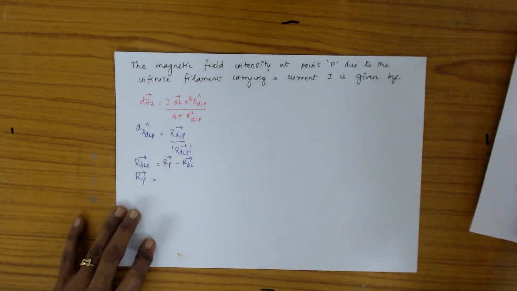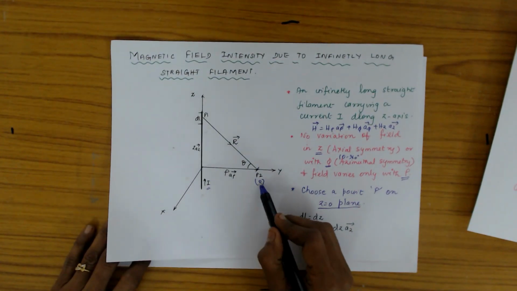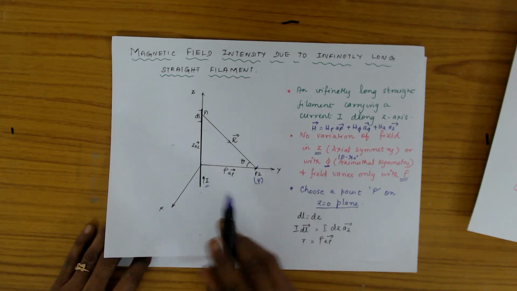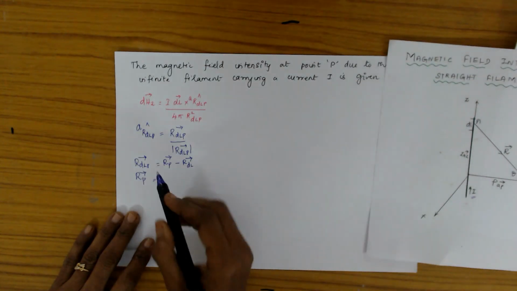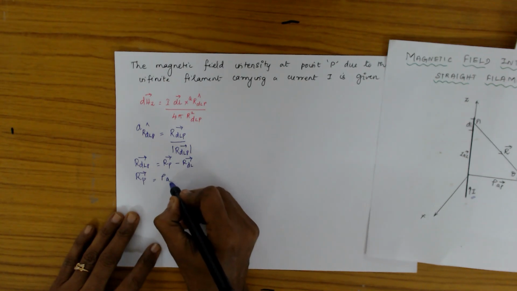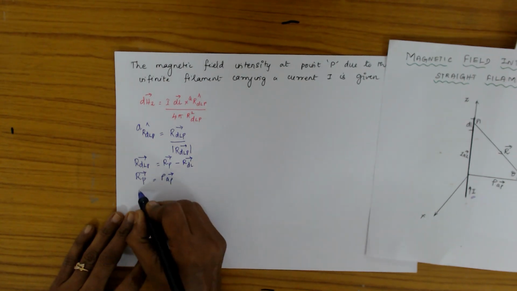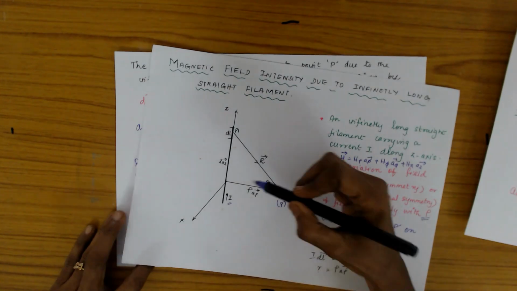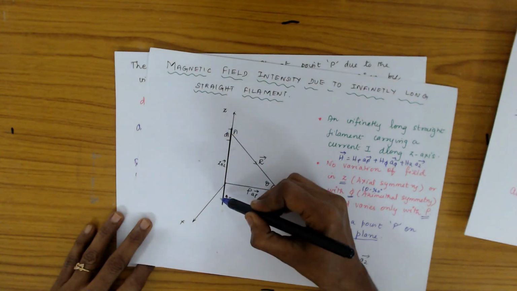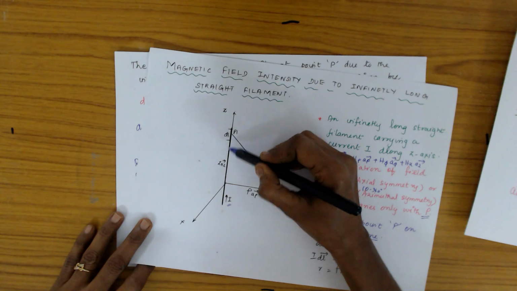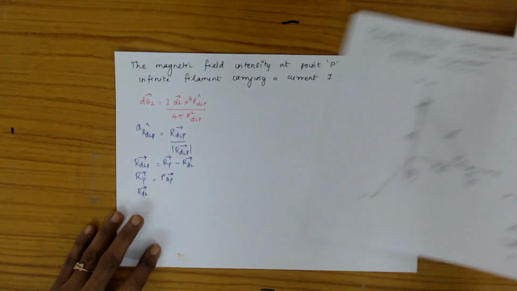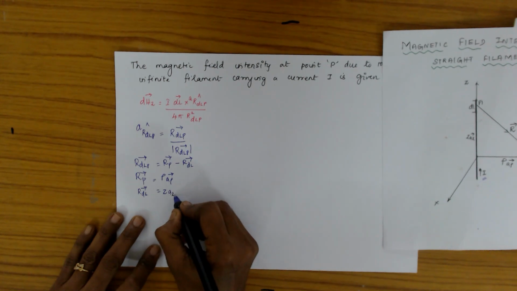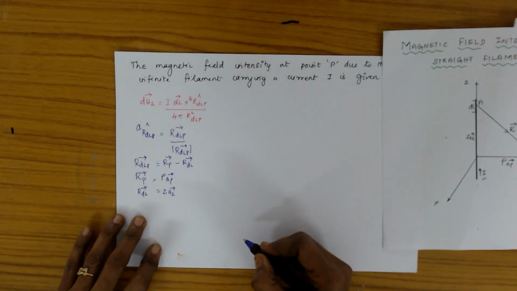And what is the position vector rp? We know that P is the distant point which is at a distance rho in the a rho direction. Hence, the position vector rp is defined as rho a rho. Now the position vector of the differential current element: we know that our differential current element is placed along the z axis. Hence the differential current element takes the az direction, and is of length z in the z direction, that is, z az.